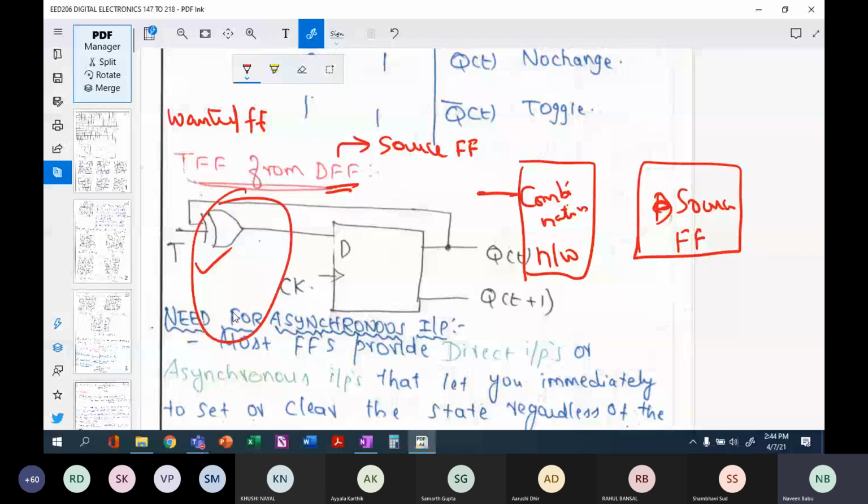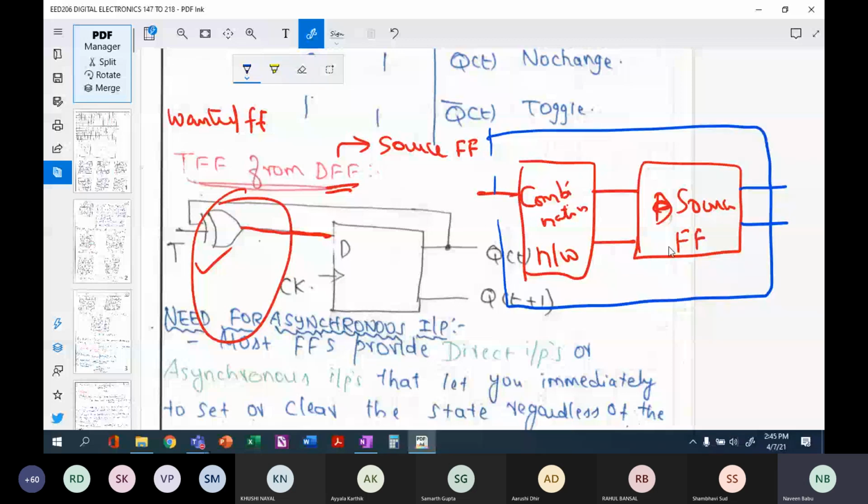Now, if I look at the overall picture, a combination of a combinational circuit and my source flip-flop will represent a particular application. So for example, a T flip-flop. This combination will give me a T flip-flop's experience, but implemented using a source flip-flop, a D flip-flop here.